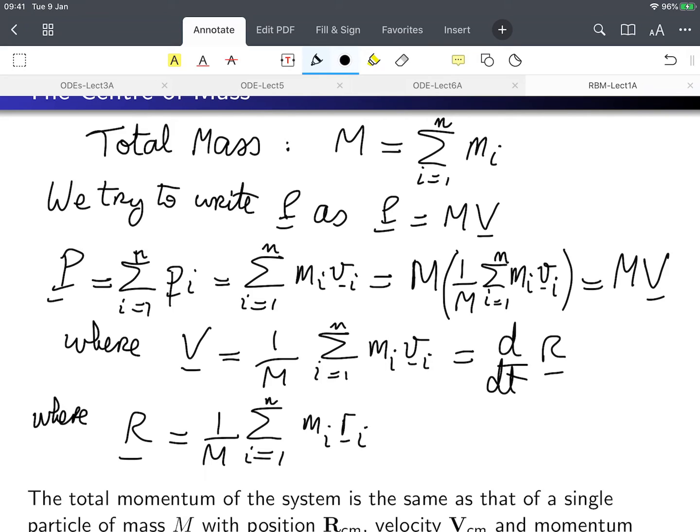And so it's an average of all the positions of all the particles. So it's a weighted average with respect to the mass and the position. That position is called the center of mass. This is why in the lecture notes I write CM as an index here.